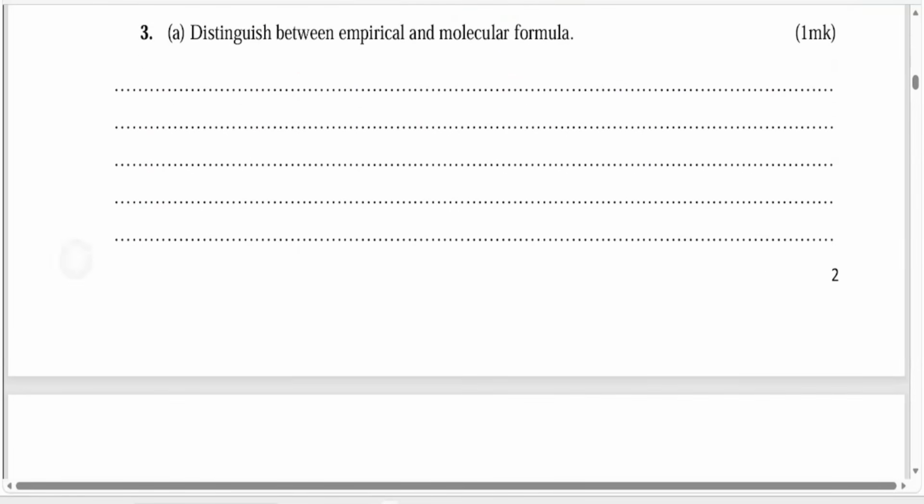Next question, number 3. Distinguish between empirical formula and molecular formula.